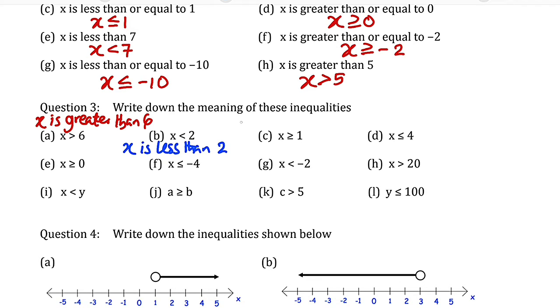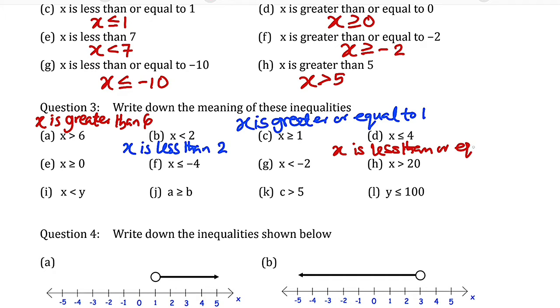And the third one, we have x is greater than or equal to 1, right? Let me take this one. X is less than or equal to 4. So I think you can do the rest.